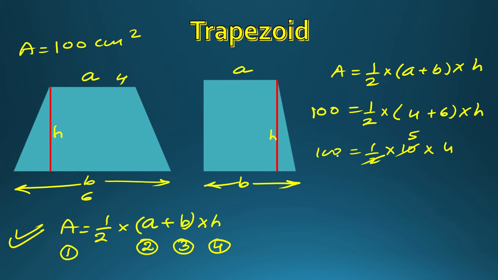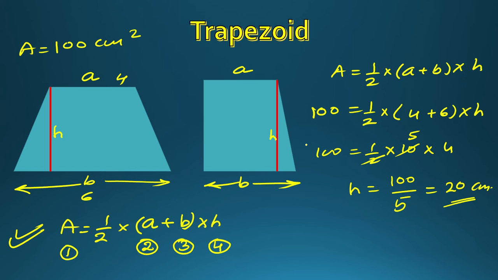This is just a simple equation to solve. 5 is in multiplication, so divide both sides by 5 to get the value of H. 100 divided by 5 is 20 centimeter. Like this you can find the answer.